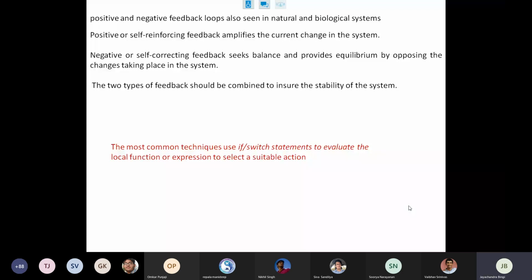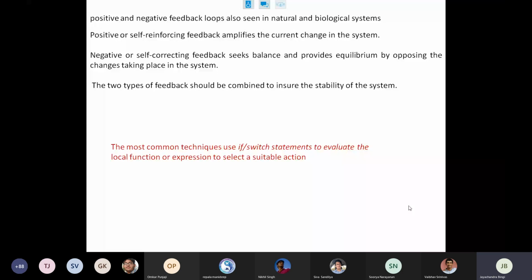For better understanding, in software, you use if and switch statements to create feedback loops. That means conditions. You are creating conditions. Whatever feedback comes, if the system is enhancing its change, that is positive feedback.